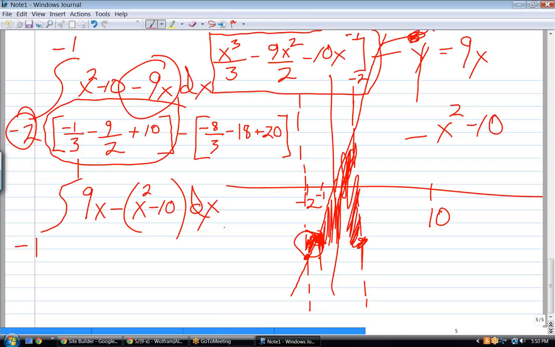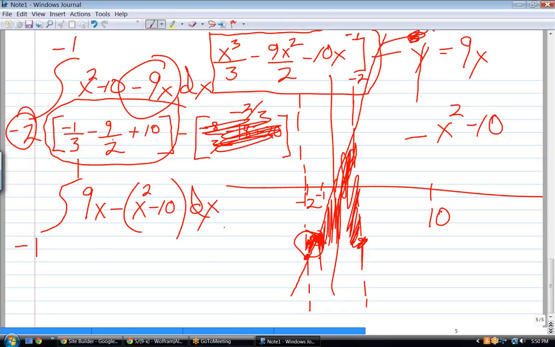Okay, so now we need to convert each of these to numbers. This is pretty easy over here. This is plus 2, minus 2 1/3, so I can make that minus 2/3. What is this?